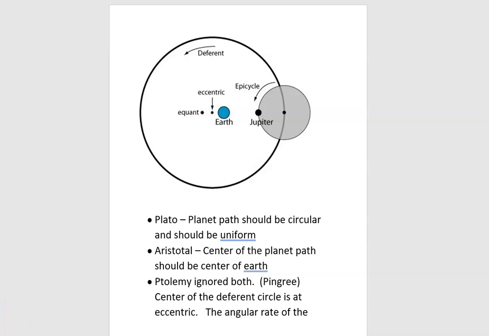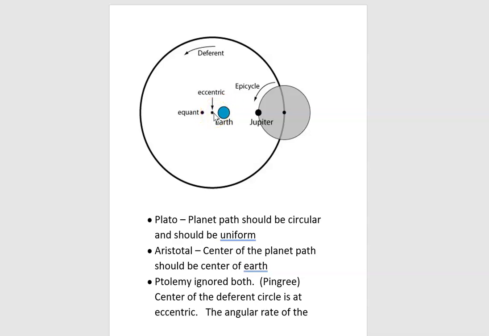So in part one, I'm going to summarize what we discussed in part one. This is Ptolemy's model. There's the Earth. The Earth is not at the center of this circle, and it was somewhat away from the eccentric. And then he added another point called equant, which we will discuss.